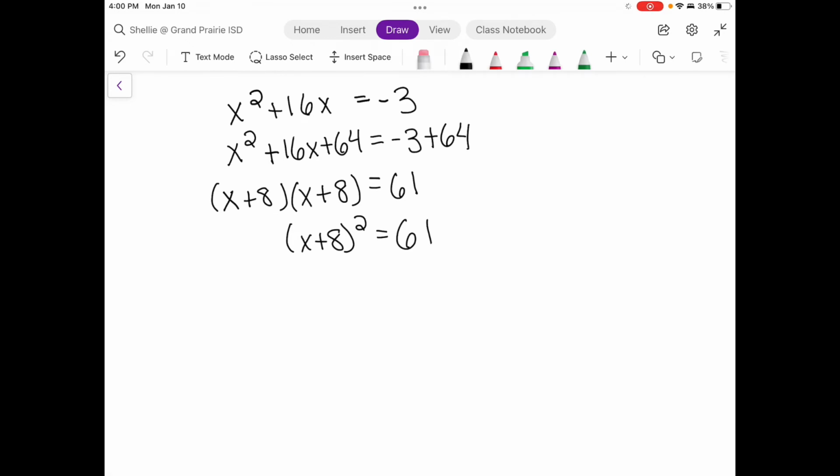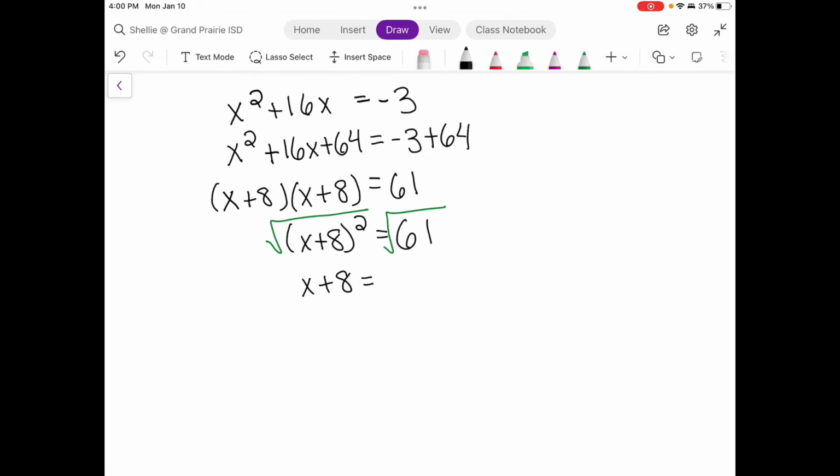So I'm in an excellent place. I can go ahead and take the square root of both sides. That leaves me x plus 8 is equal to, now here's the thing, 61 is not a perfect square. I don't think I can even simplify 61. I don't know anything that multiplies to give me 61. So let's see.